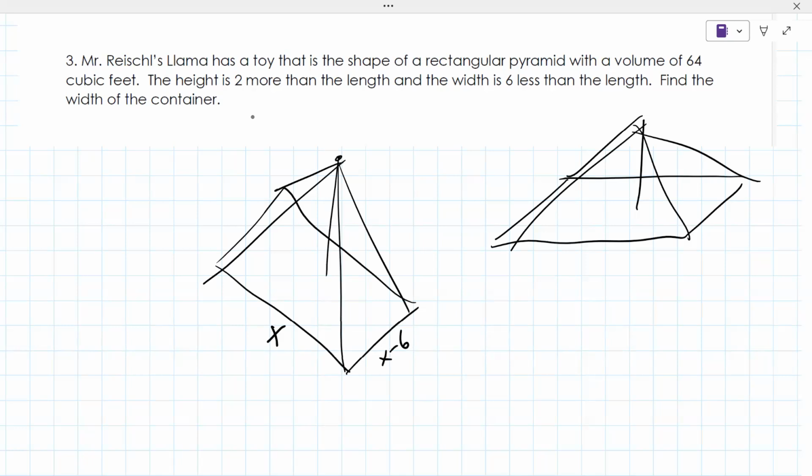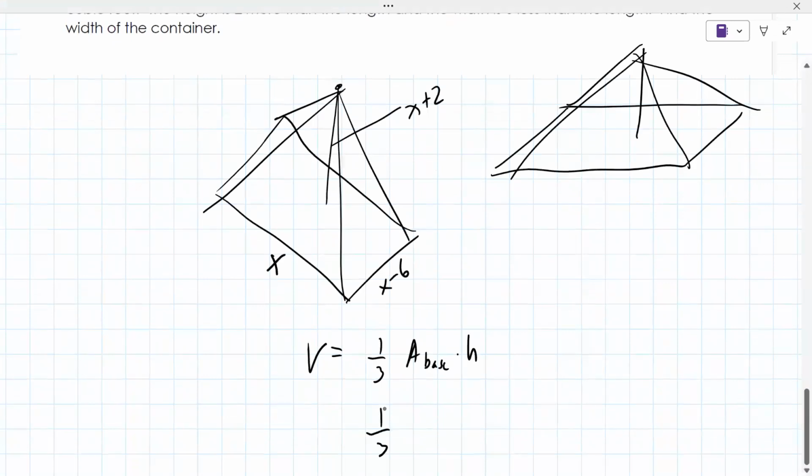And the height is two more than the length, so x plus 2. The volume is 64 cubic feet. It's 1/3 the area of the base times the height. So 1/3 times x times x minus 6 times x plus 2.